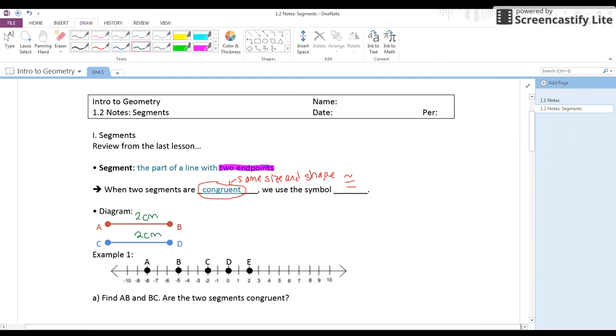Well, we know that since 2 equals 2, AB is equal to CD. And you'll notice how those lines on top are missing. All right. So whenever we're dealing with measurements or numbers, we don't need the segment on top.